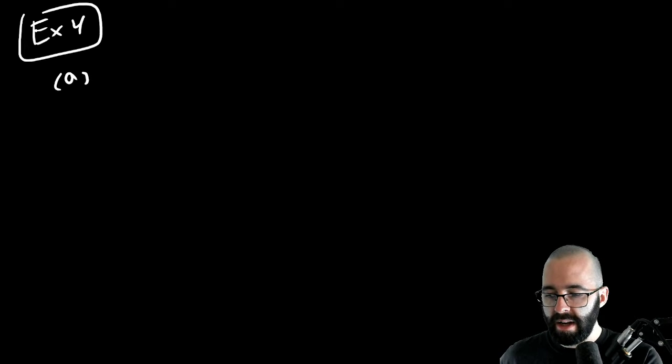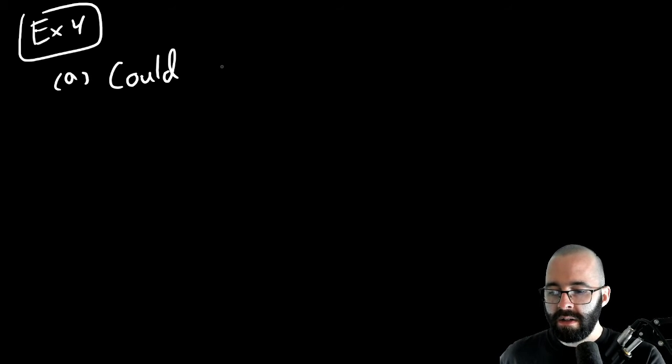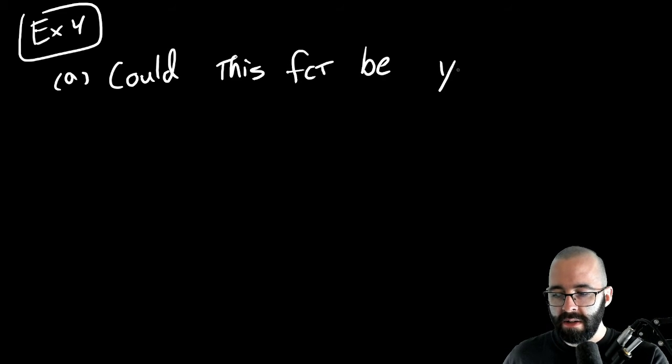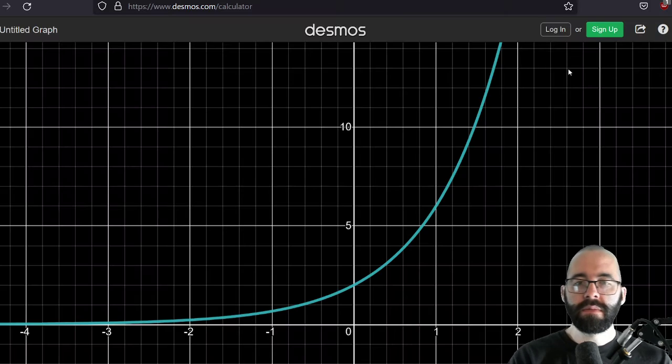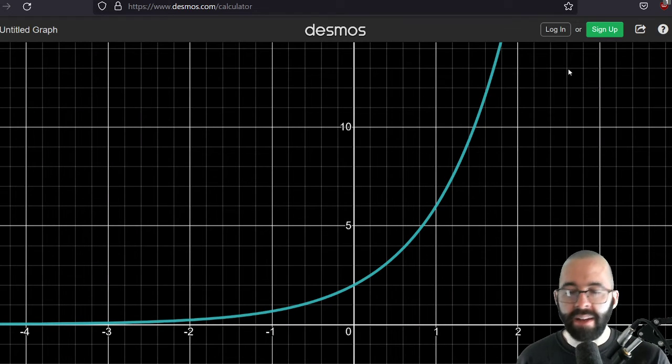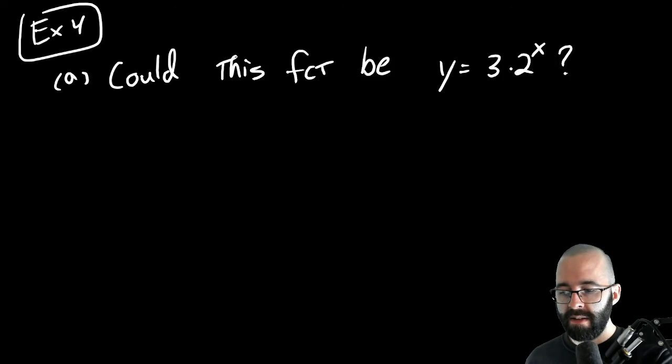No problem. This is example 4. Part A. Could this function be 3 times 2 to the x? Right off the bat, the answer is no. 3 times 2 to the x, right?